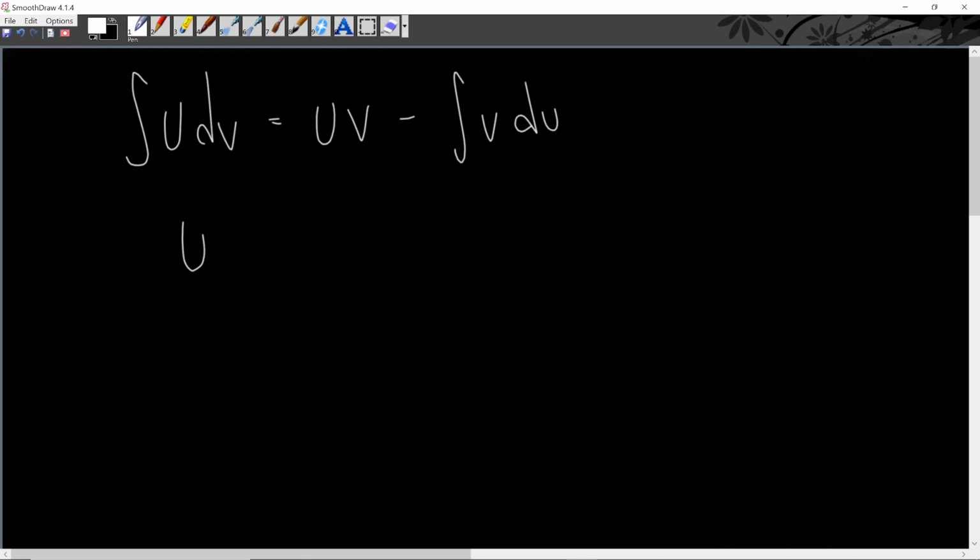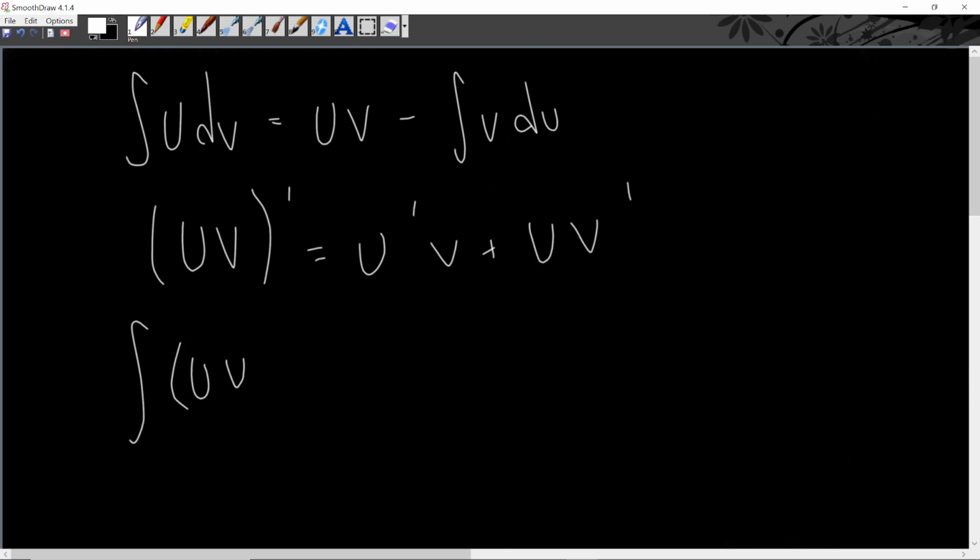If uv prime, the product of two functions u and v prime, is equal to u prime v plus uv prime, then if we take the integral of uv prime, maybe I should use dx notation. But let me just say u is equal to f of x, and then v is equal to g of x. These are functions that take x as input, so we can differentiate with respect to x.